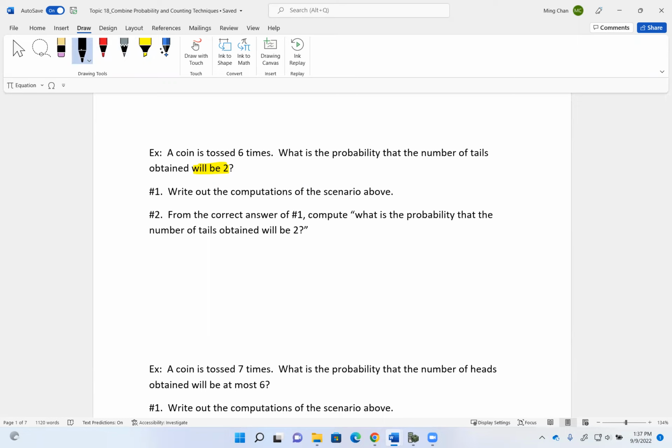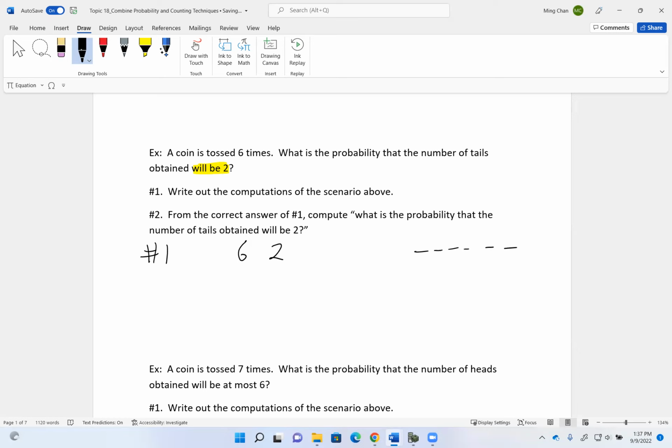So a coin, so I need 2 tails. So we need to find out the number of ways to get 2 tails. So a coin tossed 6 times. I want 2 tails, okay? So 6 tosses, 2 tails.